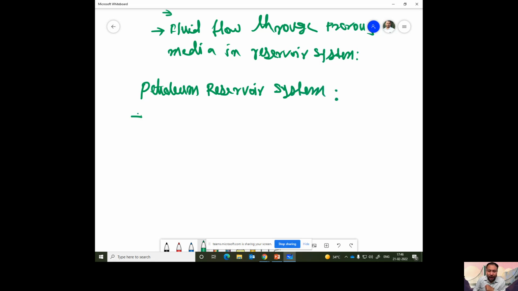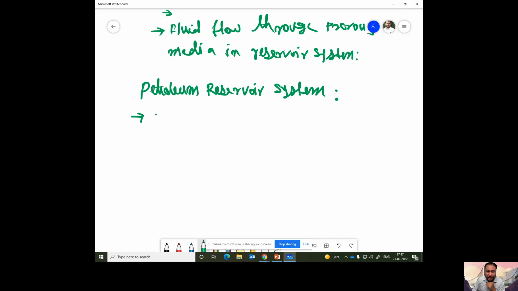See, if I want to represent the petroleum reservoir system, I should understand the science behind the petroleum reservoir system. What are the parameters? What are the major parameters that can describe the petroleum reservoir system? Then only I can develop a model. What is the model? It describes the system. In our case, it is a petroleum system.